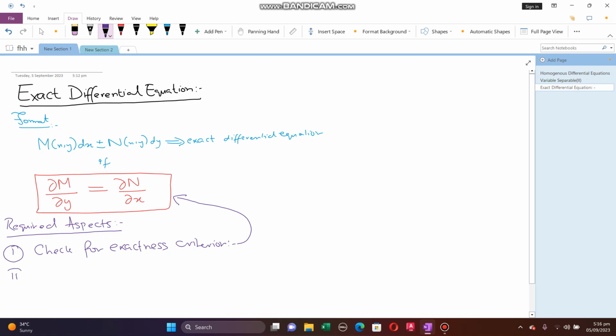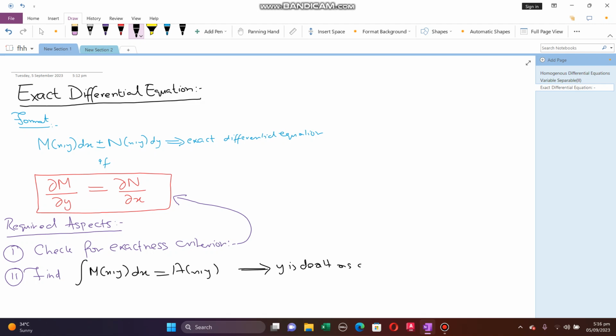And secondly, once it is proved that an equation is exact, then we find the integration of the function M with respect to dx, which yields some sort of answer, but in this integration y is treated as a constant.